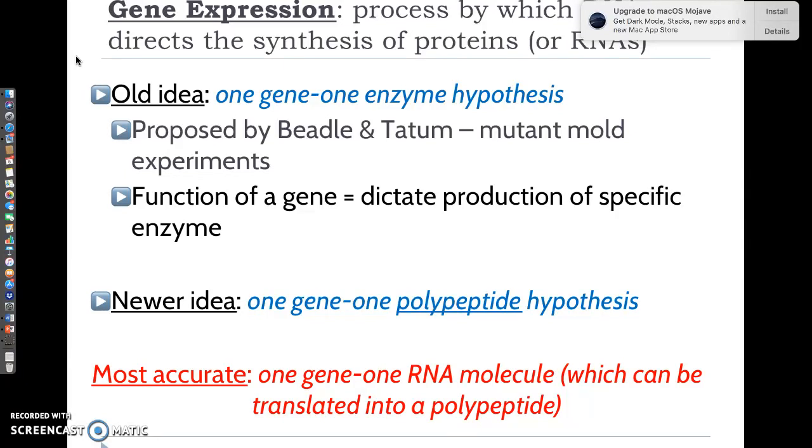Now, something that I should mention is when you see polypeptide, a polypeptide is a chain of amino acids. Remember, amino acids put together make a polypeptide, and when you get two or more polypeptide chains thrown together, that is what a protein is.